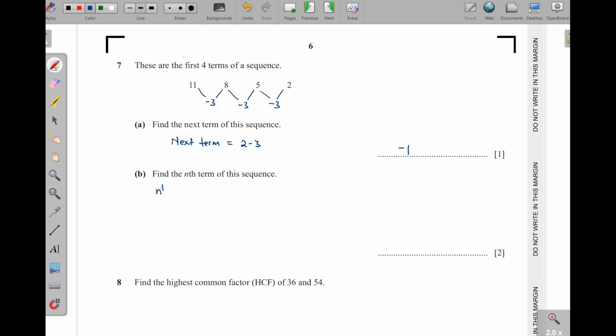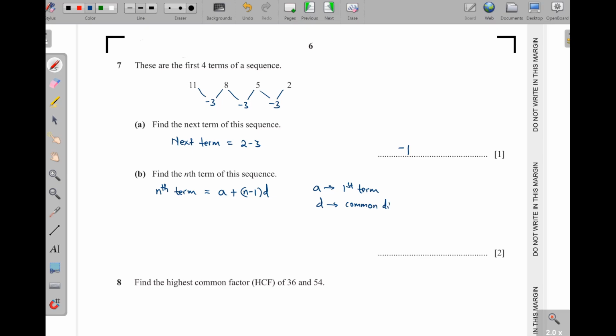So since this one is a linear sequence, what do we mean by linear? There is a common difference. So this one is going to be equal to A plus (n minus 1)D, where A is actually the first term of that sequence, and D is the common difference. How do you get the common difference?